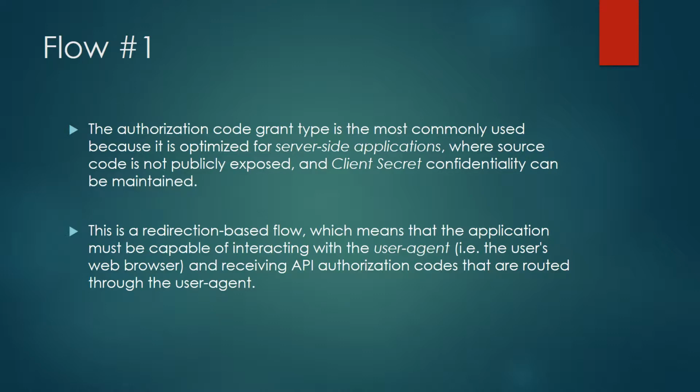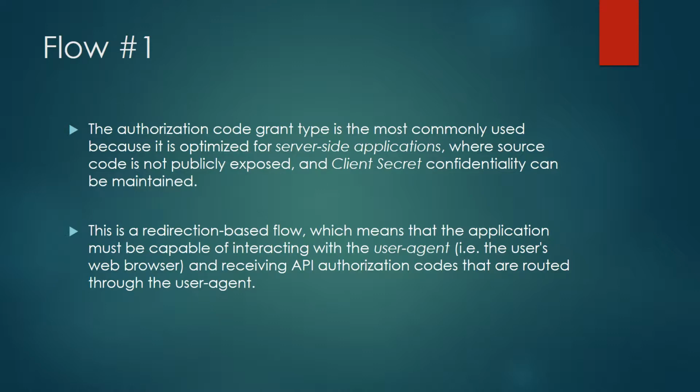As you can see, this is a redirection-based flow, which means that the application must be capable of interacting with the user agent. So we have API authorization code that is routed through the user agent. For those of you who do not know what a user agent is, it's just how our browser is represented to the World Wide Web.